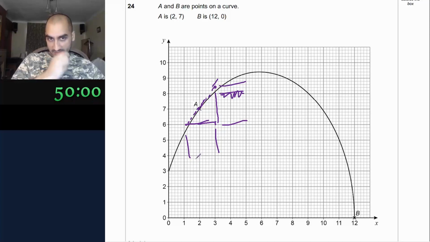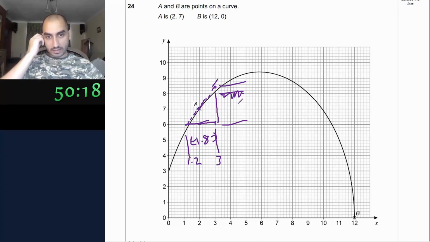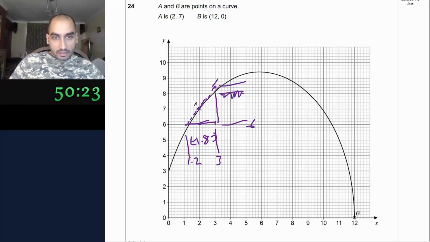If I were to do something like that, it would be 1.2, 3, so that'll be 1.8 difference. Delta x is 1.8, and here we've got 6, and there we've got 8.4, so 2.4.